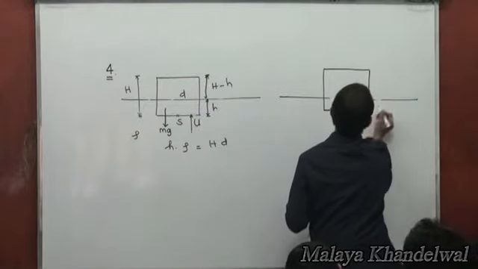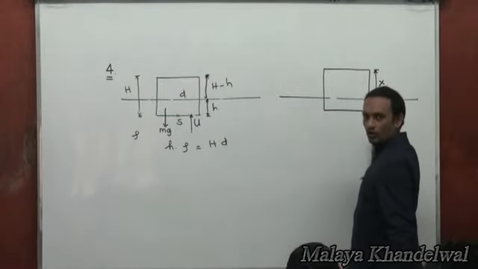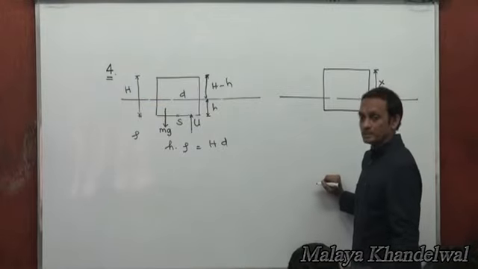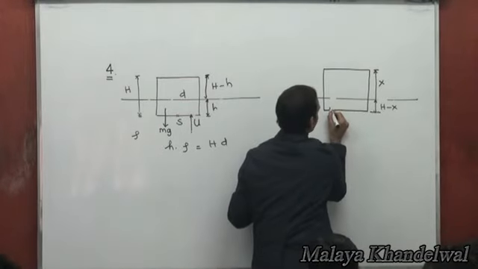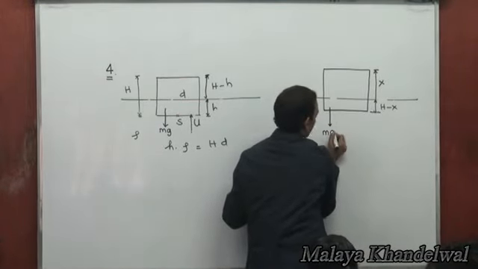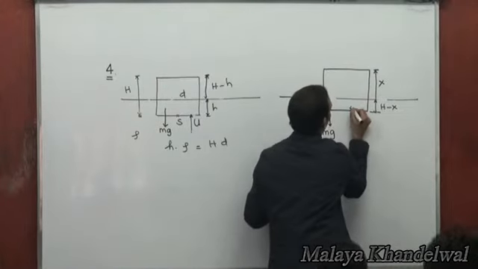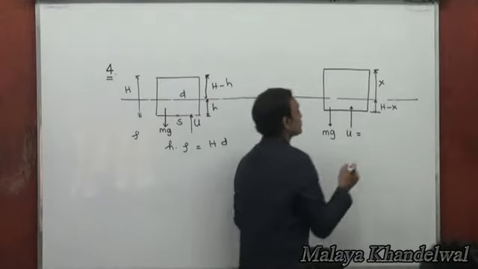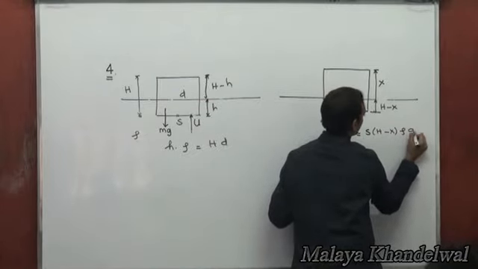So at some point, let's say this is an intermediate state where x units are already jutting out of water. There is H minus x below water. The forces acting are mg downwards, and then there is upthrust, which is the weight of the fluid displaced, which is S into (H minus x) into rho into g.